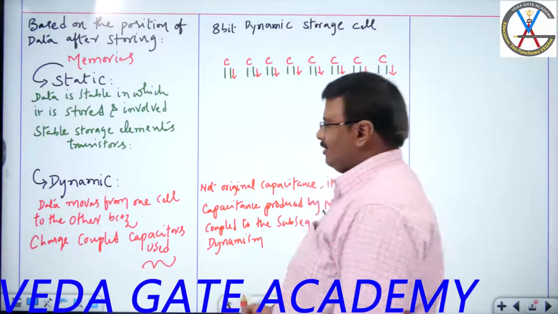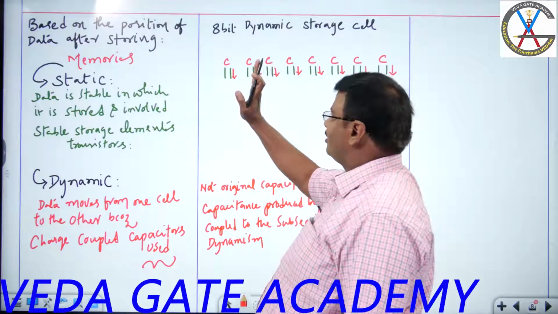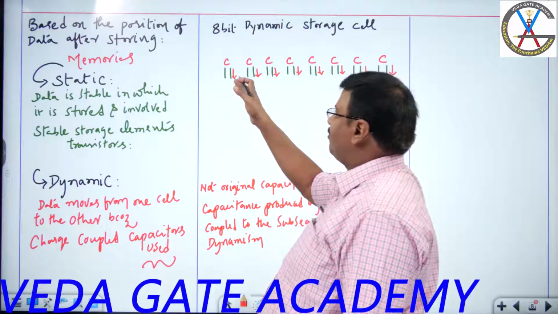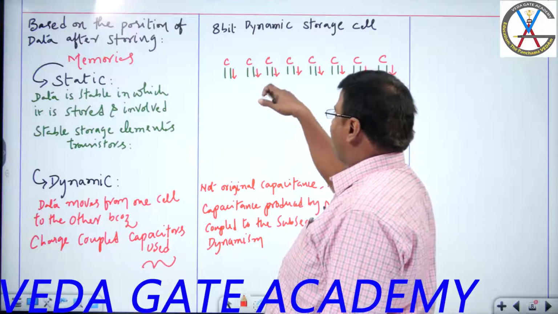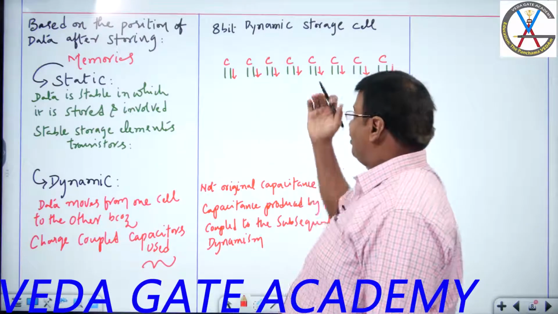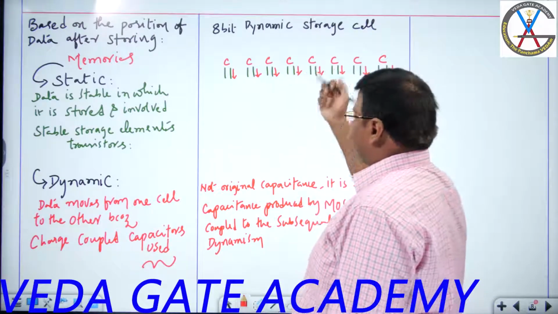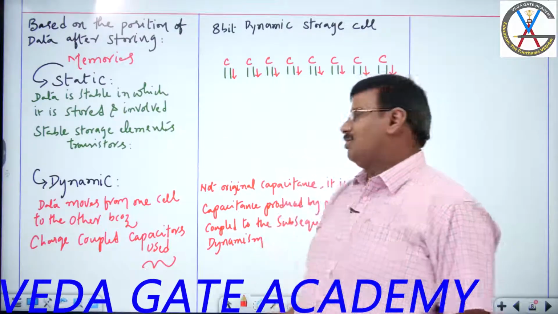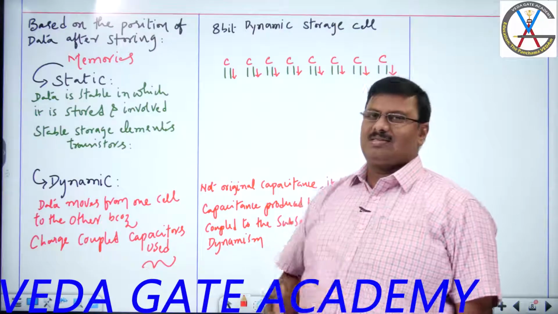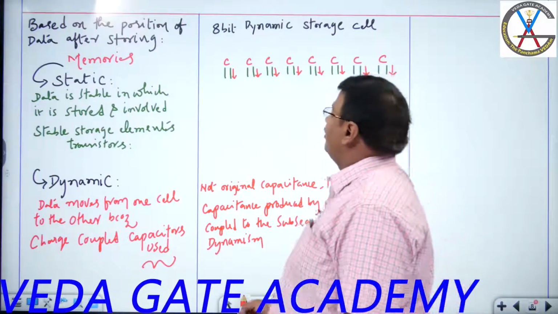What I will do is connect the discharging energy of this capacitor to the subsequent. Couple the charge. Charge couple the capacitors, charge couple the MOSFETs.